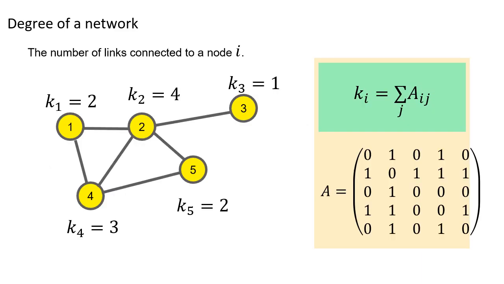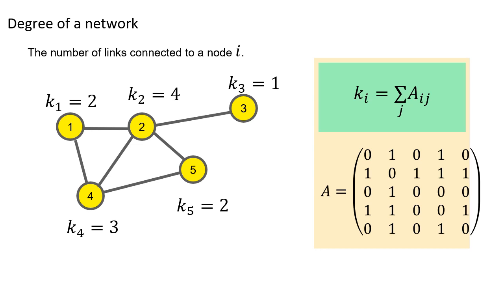Okay, then let's introduce the degree of the network. Degree is defined as the number of links connected to a node i. Here we have a very small network with a total number of nodes of 5.